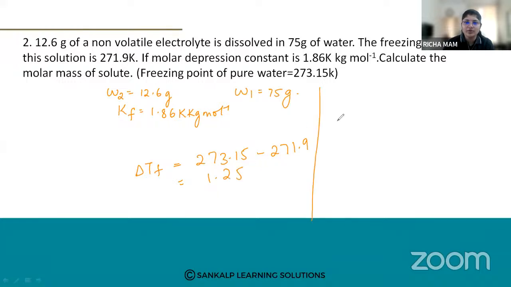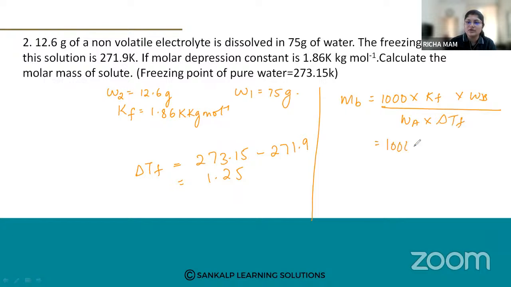Now after putting the values, what was the formula? MB is equal to 1000 into Kf into WB divided by WA into delta Tf. So 1000 into the Kf value 1.86, into WB 12.6, then WA is 75 into delta Tf 1.25.